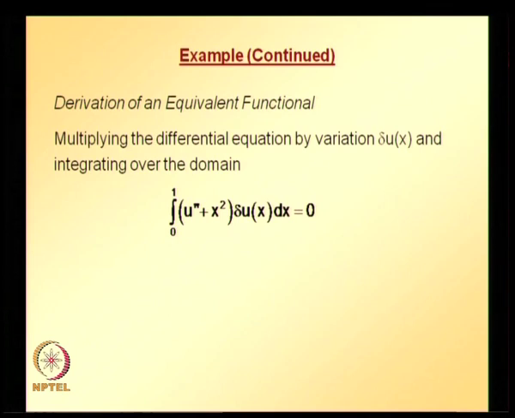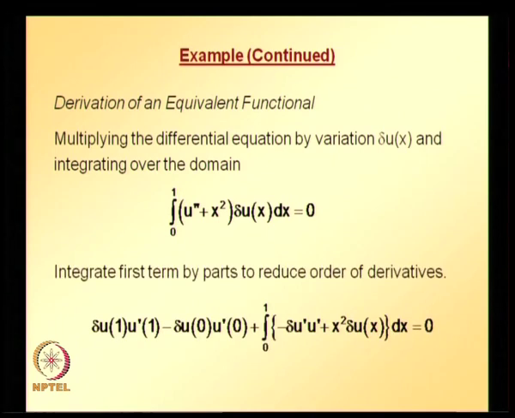So what we can do is reduce the order of derivative from u double prime to u single prime, that is the first derivative of u, by using integration by parts over the first term. Do not disturb the second term; you apply the integration by parts for the first term, then that leads to this one.